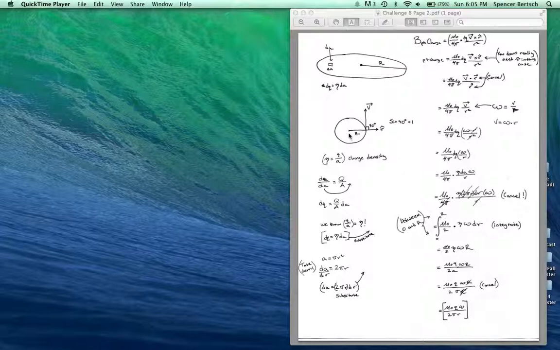It's basically taking from 0 to r and doing the whole disk. But we know that dq over dA, the change in the charge over the change in area, is equal to the total charge over the total area.